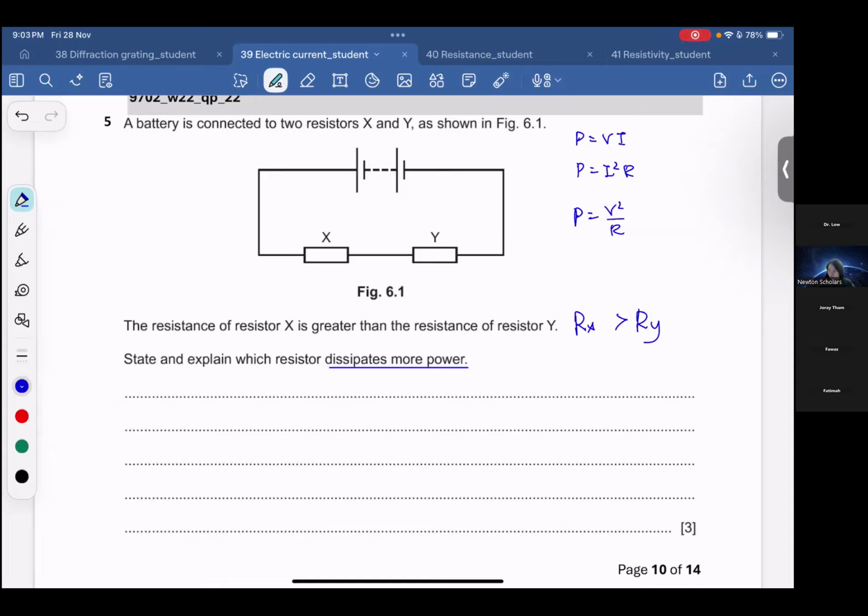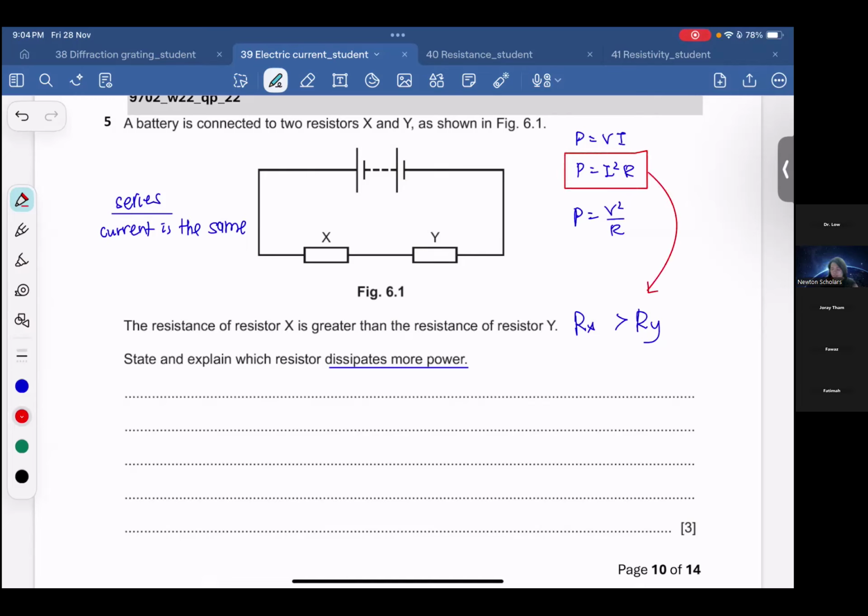Okay, dear. You see, this is a series circuit. Current is the same. So we want to compare using the resistor, and we can use this formula to do the comparison.